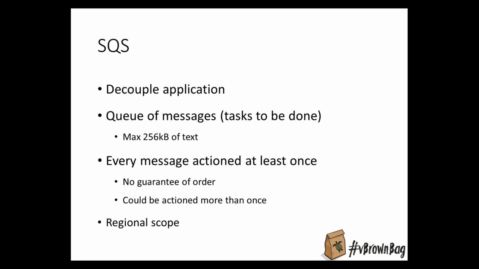That means that the things that are pulling messages out, which is often an EC2 instance, can be across multiple availability zones, and the queue itself is available across all of the zones. And so a zone failure isn't going to cause a queue failure. But if we need the same queue to exist across multiple regions, so maybe we need a global queue, we're going to have to think about how we architect that, because the queue itself is regional, and you might have to have some other process that spreads across a broader scope if your application requires it.